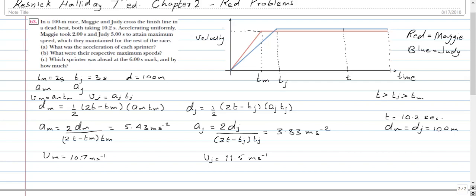So we get dm equal to 54.3 meters and dj equal to 51.7 meters. So we see that Maggie is ahead of Judy by a little more than 2 meters, right? We can simply find out what dm minus dj is going to be, and this problem is done.